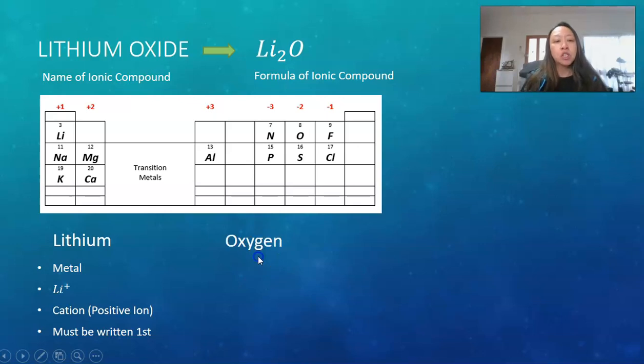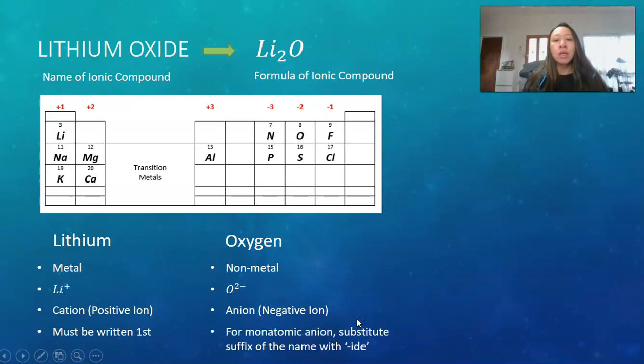Oxide comes from the word oxygen, and as we know, oxygen has an atomic number of 8 over here. Oxygen is a non-metal, so it can be written as O2 negative. 2 negative means that it has a -2 charge, and because it has a negative charge, it is an anion, which is a negative ion.